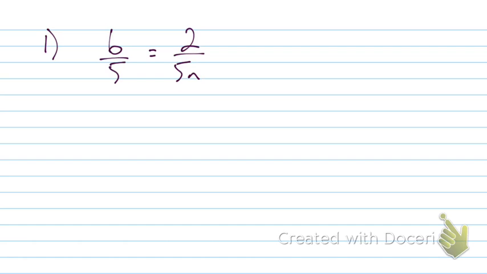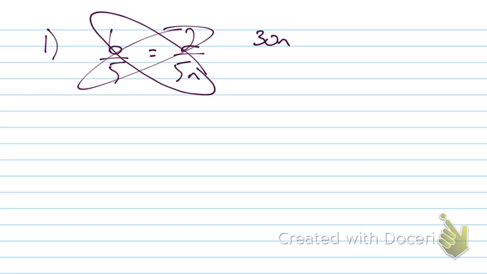One thing I want you to notice is you might try to divide by 3, which is cool, but 5 divided by 3 equals 5n doesn't help you get anywhere still, right? You could make an equation, but I suggest we use the understanding that if it's a proportion, cross products are equal. Because what that means is 30n equals 10.